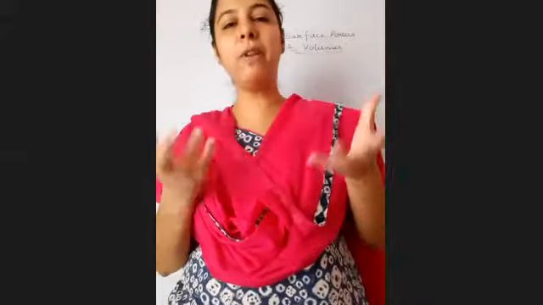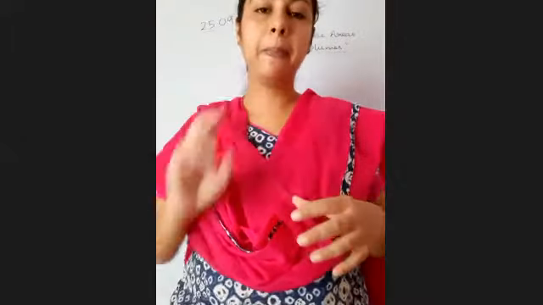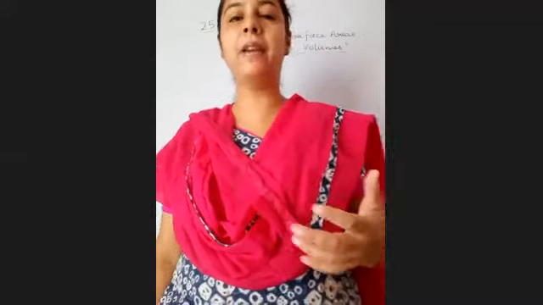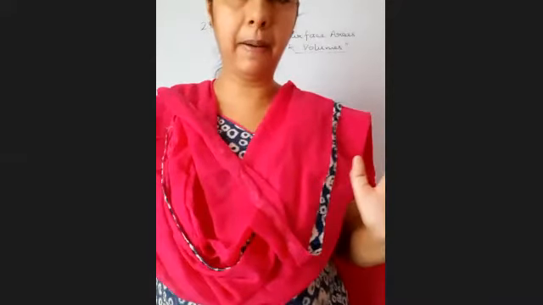If somebody touches it from here, the person will say it is a curved portion. So it has got different faces from different sides. That is why we call it surface area and not the area.